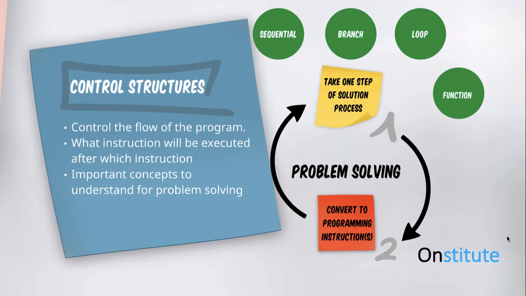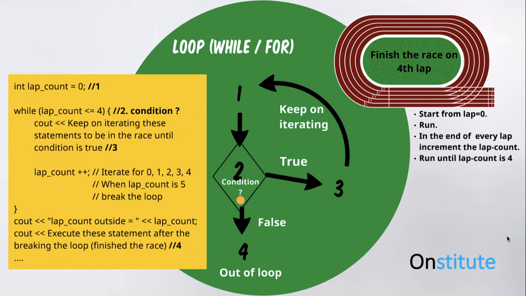Now we are going to learn about loop control structure in C++ programming. Like branch control structure, loop control structure in C++ also encounters a condition first, and then based on the validity of the condition, that is whether this is true or false, it selects one of the paths.